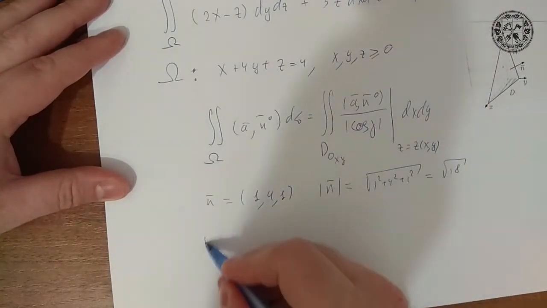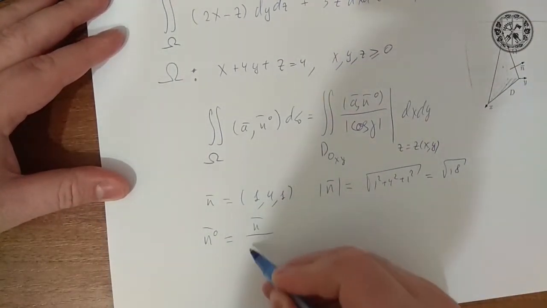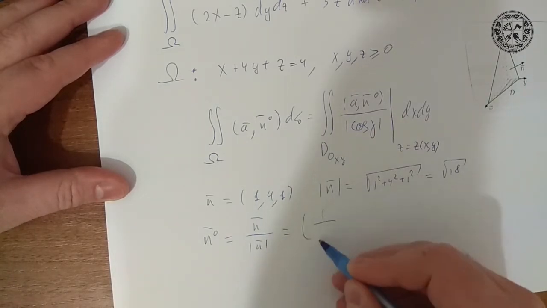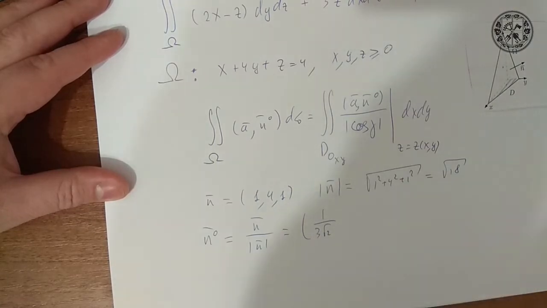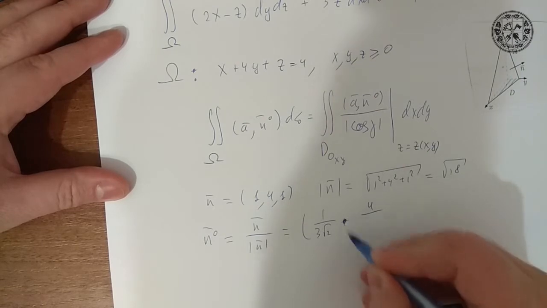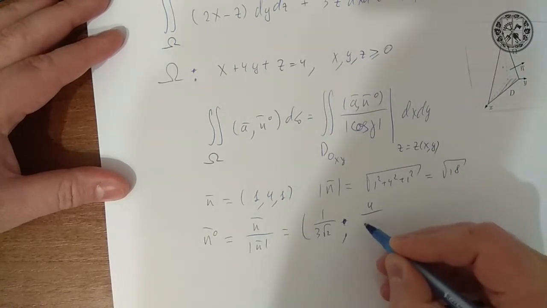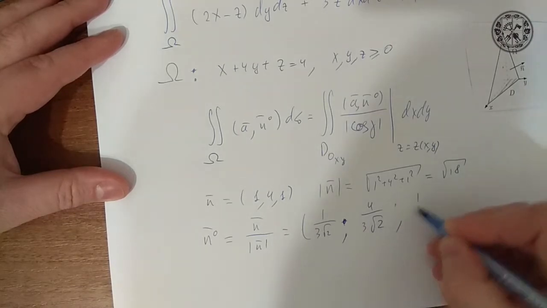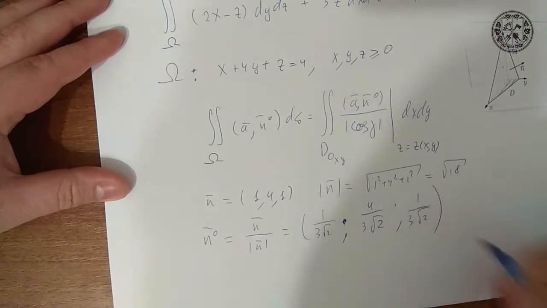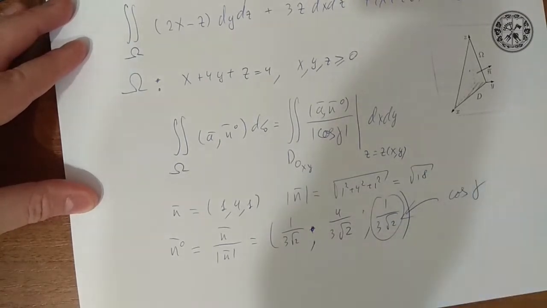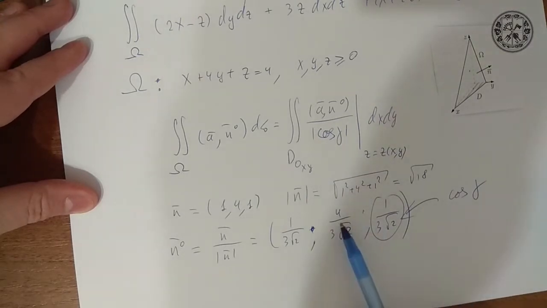And so n0, which is n over the absolute value of n, will be 1 over 3 square roots of 2, or square root of 18, which is the same, then the other coordinate will be 4 over 3 square roots of 2, and 1 over 3 square roots of 2. So this will be cosine gamma, because as we remember, these are cosine alpha, cosine beta, cosine gamma.